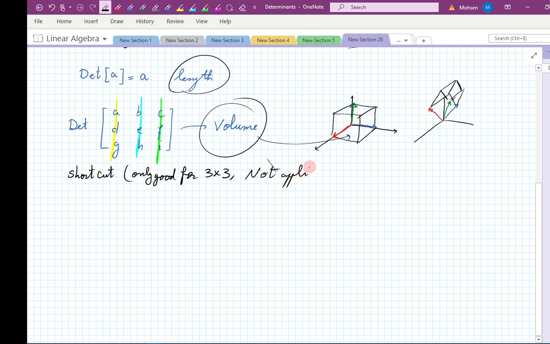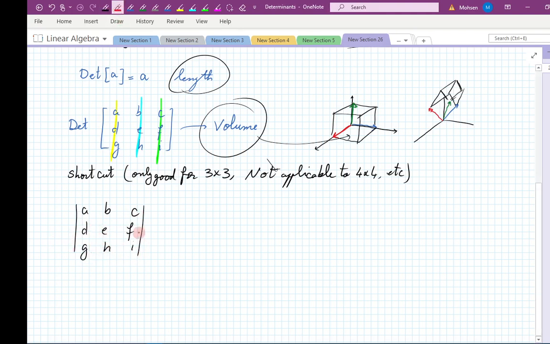So here's a preemptive strike against that mistake, not applicable to 4 by 4 and 5 by 5 and so on. So the idea is that if you have a 3 by 3, A, B, C, D, E, F, G, H, I, you want to calculate the determinant of this.